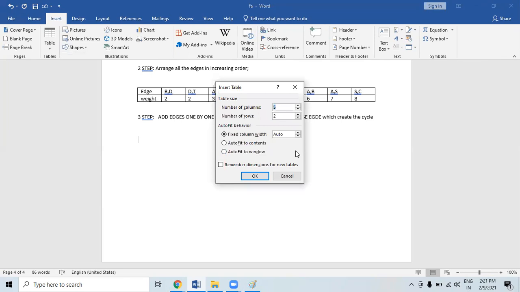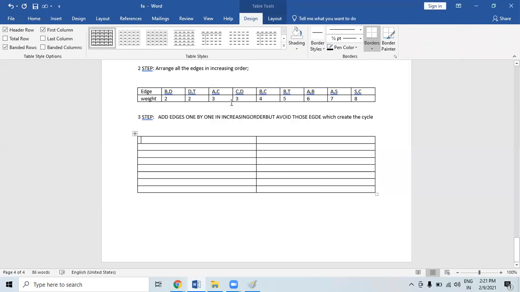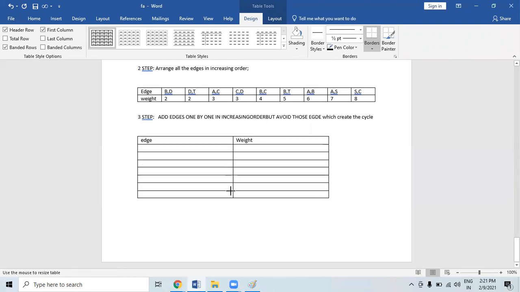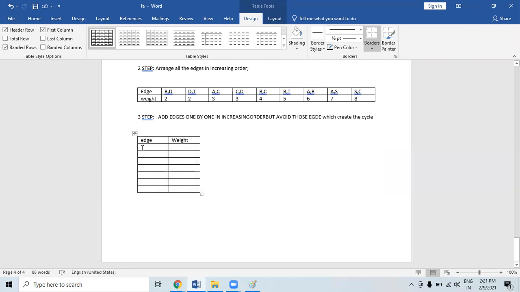We require number of rows 7, number of columns 2. Okay, let's take it. So here we have to put the edge and the weight. Here we have to arrange again in increasing order, but we have to remove the edges which form a cycle, right?